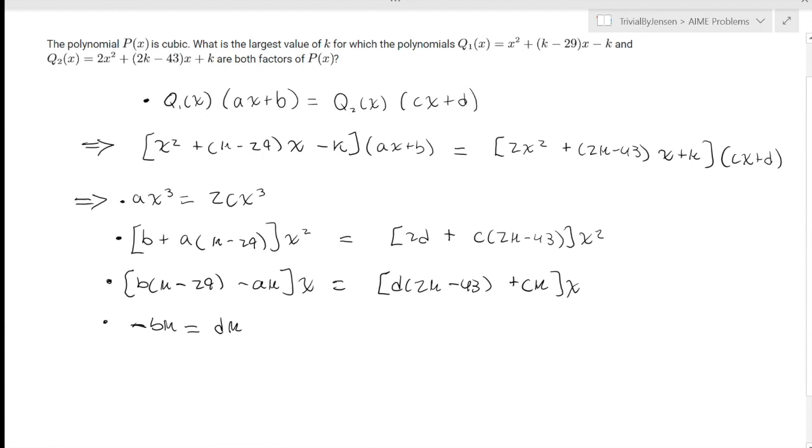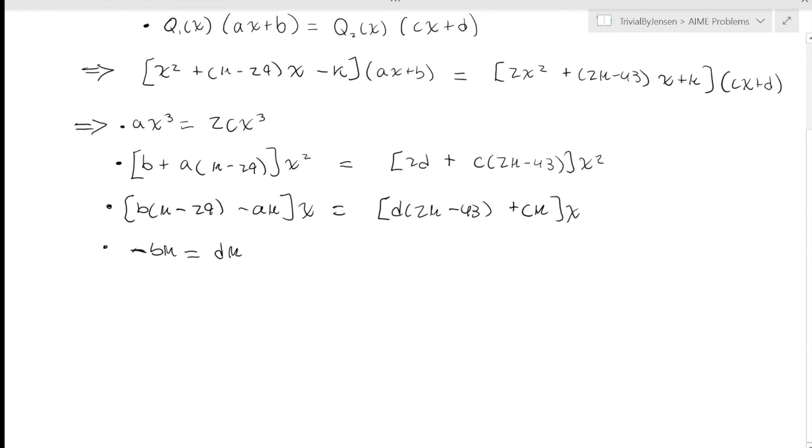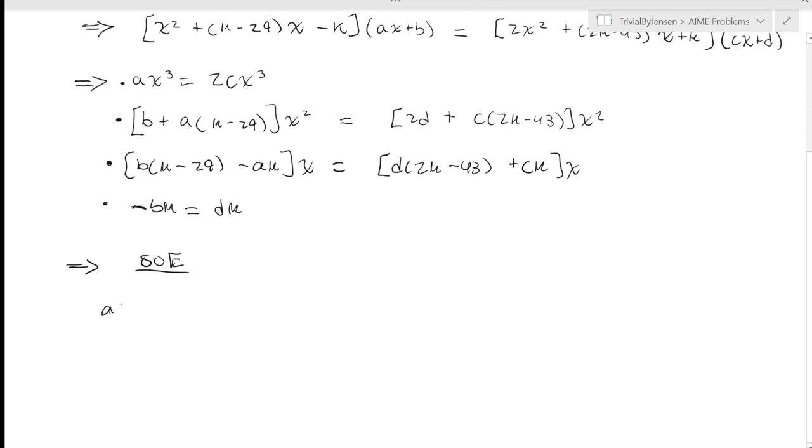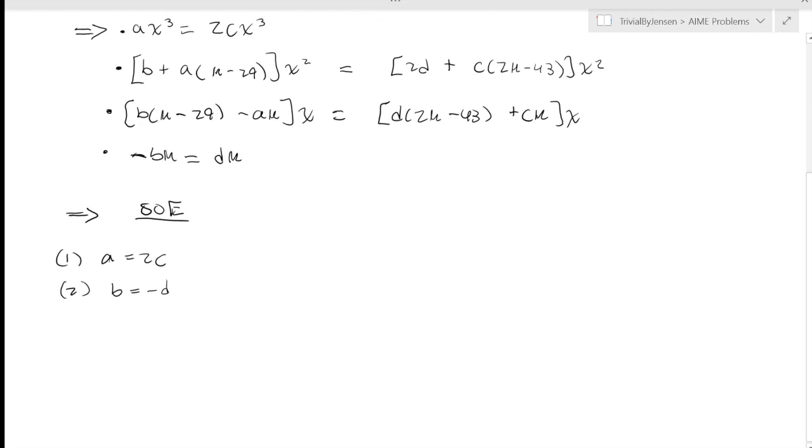All right, so let's get rid of all the unneeded variables and turn this into a nice system of equations. So we have a equals 2c from the first one. We have b equals negative d from the last one. And then the other ones are not quite as nice.